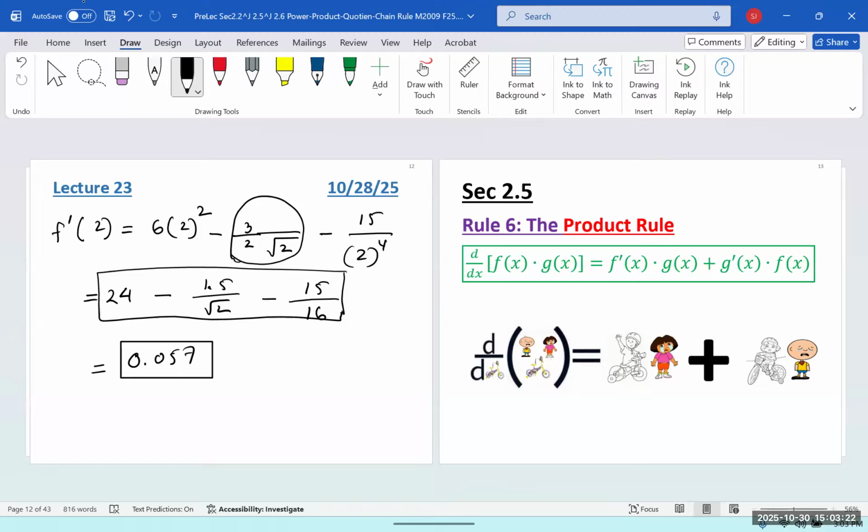That's how you find the derivative of a product of many functions. So if you have 2 functions, f and g, its derivative is f prime times g plus g prime times f.